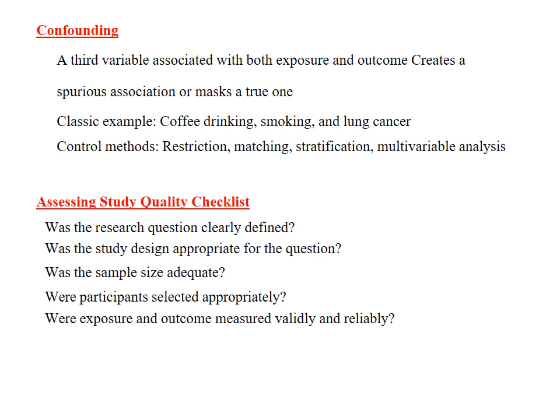How can you assess whether the study is of good quality or not? Was the research question clearly defined? Was the study design appropriate for the question? Was the sample size adequate? Were participants selected appropriately? Were exposure and outcome measured validly and reliably?